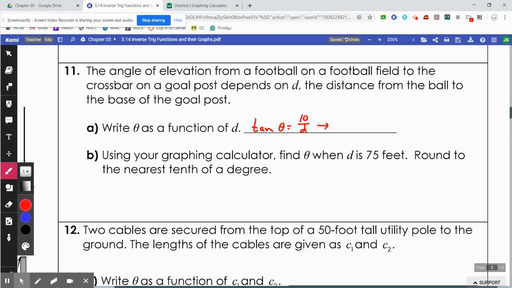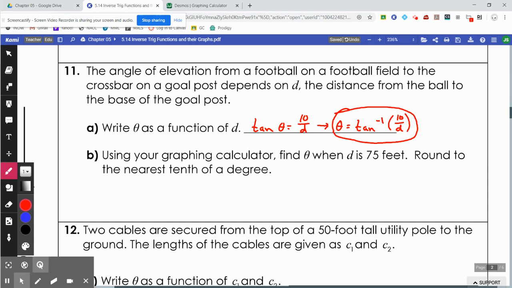So here's how I'm going to do it. Move the tangent to the other side, and theta is equal to, kind of like y equals in our x equations, theta will equal the inverse tangent of 10 over D. That's going to be theta as a function of distance.